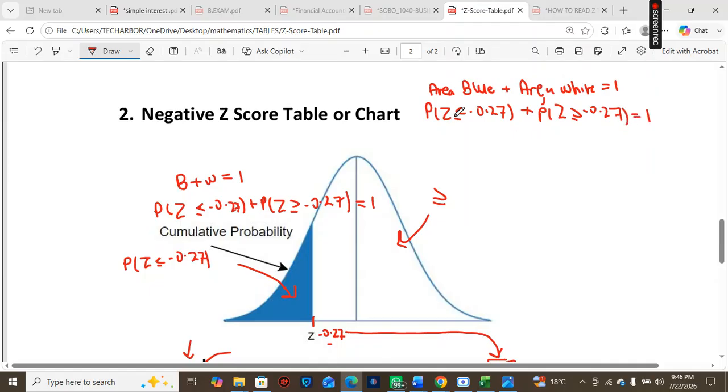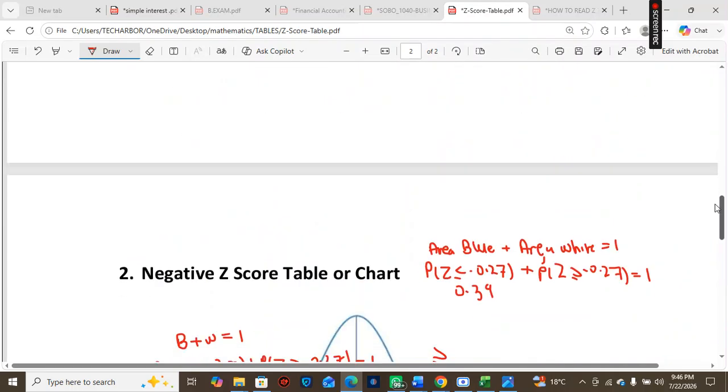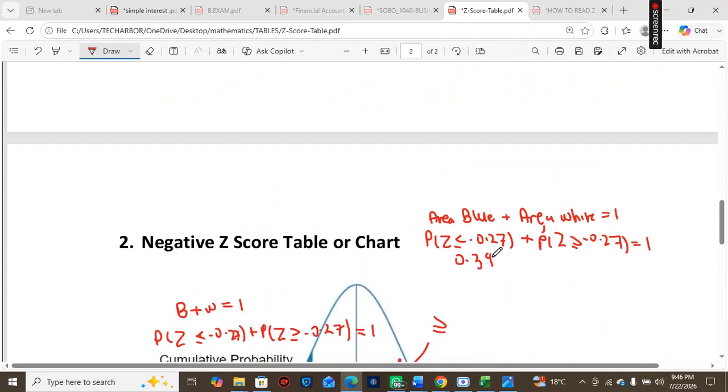We've already got the area that Z is less than, 0.3936, plus this one we'll call X, since we want to find this one here, equals 1.